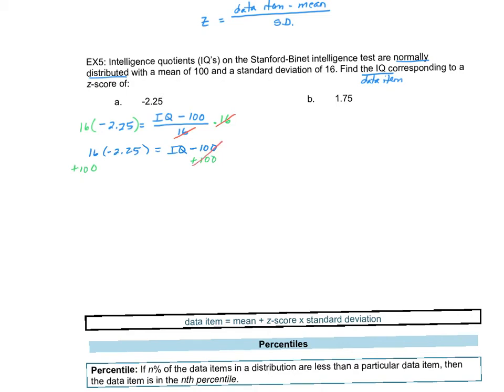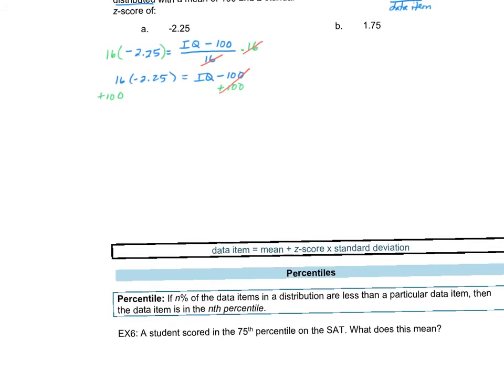The hundreds on the right-hand side would cancel. I would end up with 100 plus 16 times negative 2.25 equal to my IQ score. So now I just have to put this in the calculator. And when I do that, I will get 64.